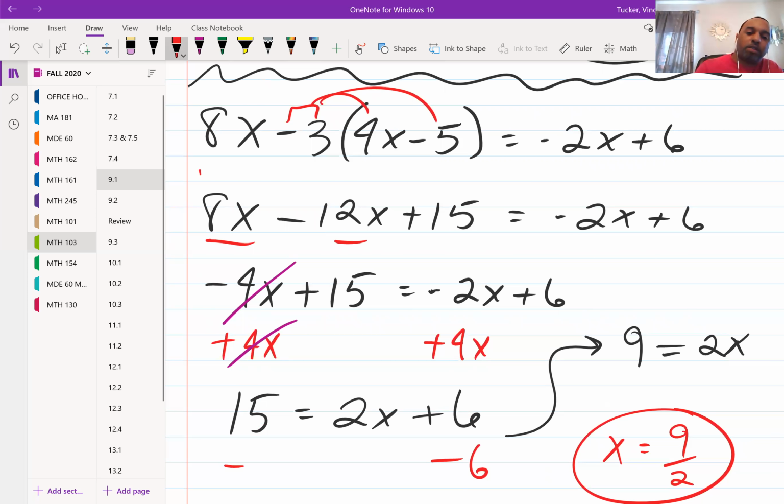Then I'll subtract 6 from both sides. That'll leave me with 9 equal to 2x, excuse me. Finish it off by dividing by 2. And x is equal to 9 over 2. All right, any questions?